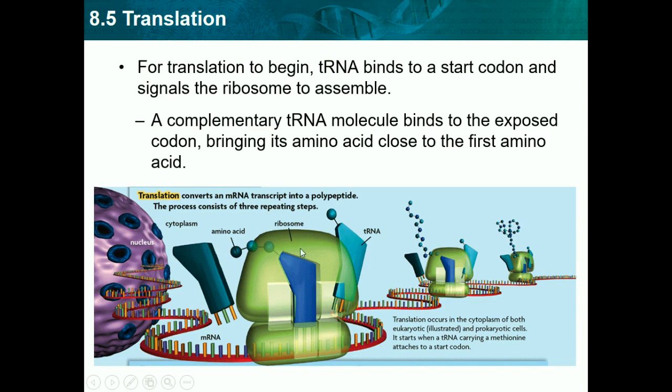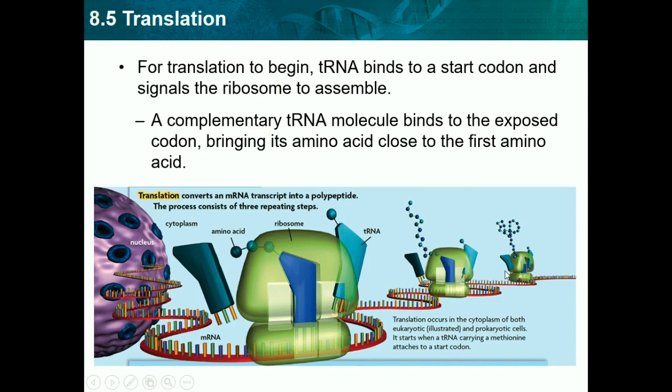They match up their anticodons with the regular codons, and once they match, they release their amino acid into this polypeptide chain here, and the chain is really long, like this, and it forms a protein. So translation occurs in the cytoplasm of both eukaryotic and prokaryotic cells.